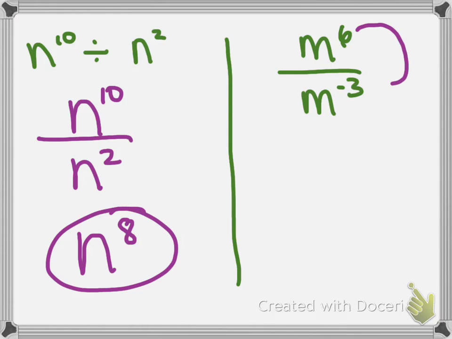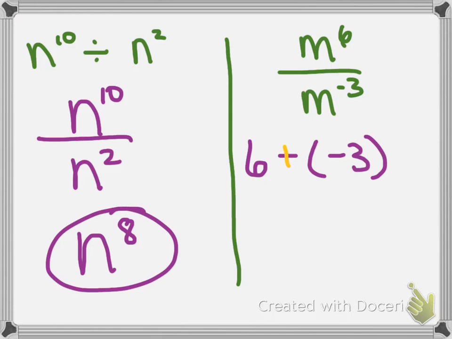We subtract 6 minus a negative 3. I'm going to write that out because we have the double minus here. We're subtracting because we're doing that division, but it's a negative already. And so that negative becomes a positive.